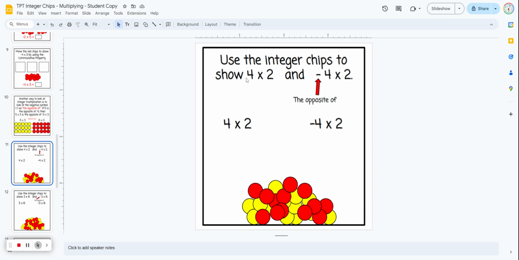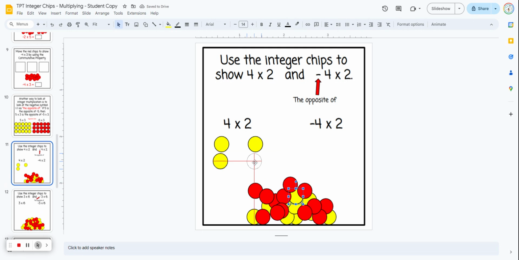Now for the next slide, it says use the integer chips to show 4 times 2 and the opposite of 4 times 2. So here they're going to show either 4 groups of 2 or 2 groups of 4. And these are all going to be yellow. So they just want to move these into place. 4 groups of 2.